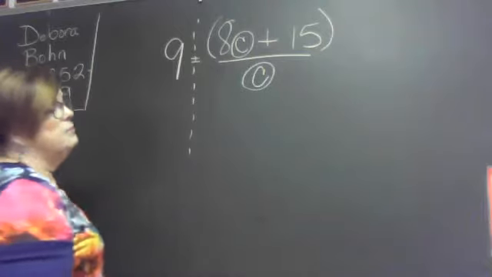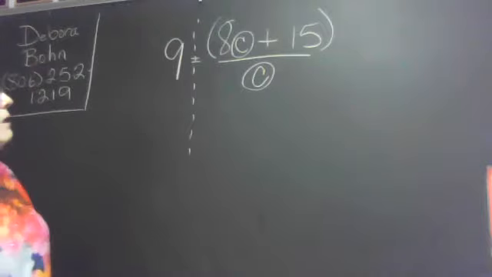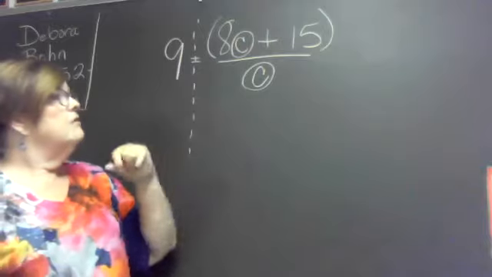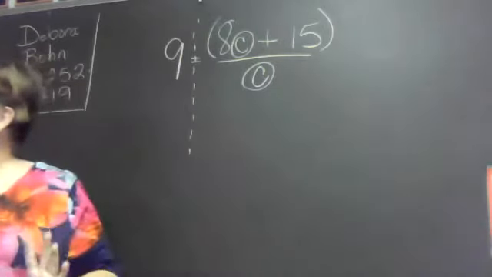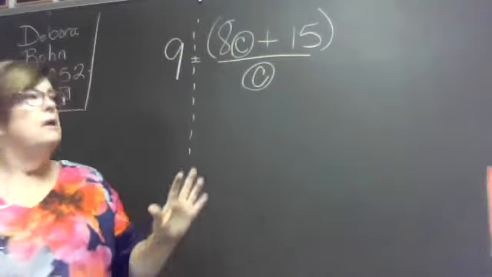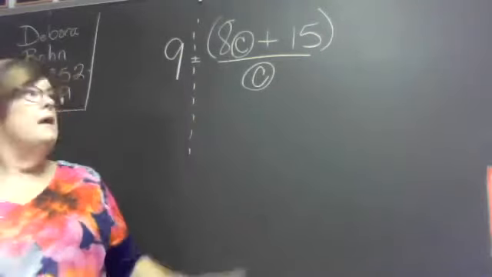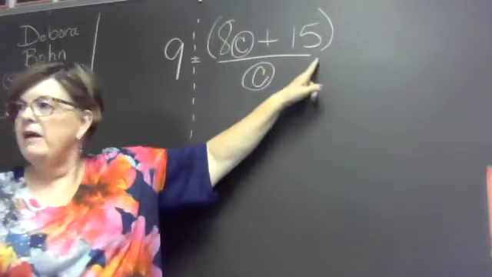That brings us back to this C that we're going to try to get rid of. Just stop and breathe and say, how is the C connected to the rest of the problem? The C is connected with this divide.